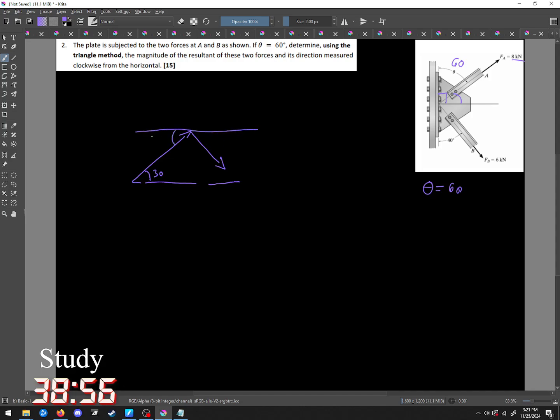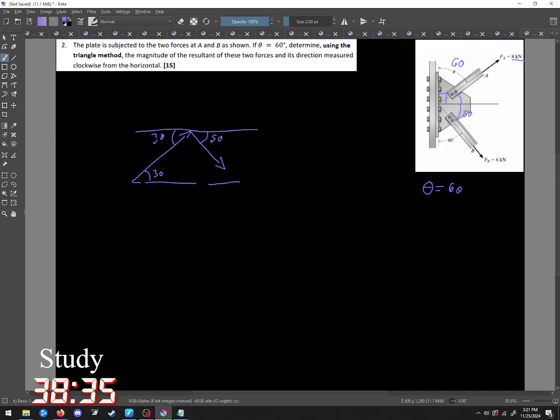Opposite interior, this is 30. And we can do the same thing here, 90 minus 40, making this angle on the inside 50 degrees. So the opposite interior angle here is going to be 50.